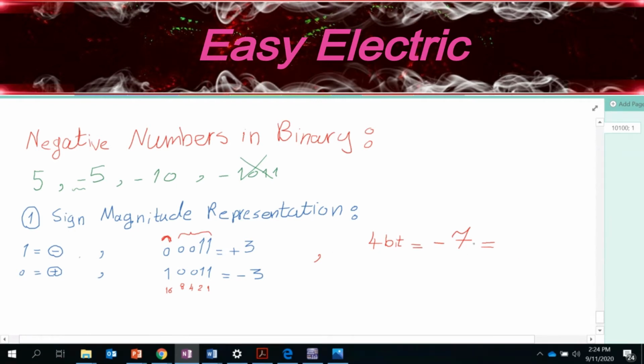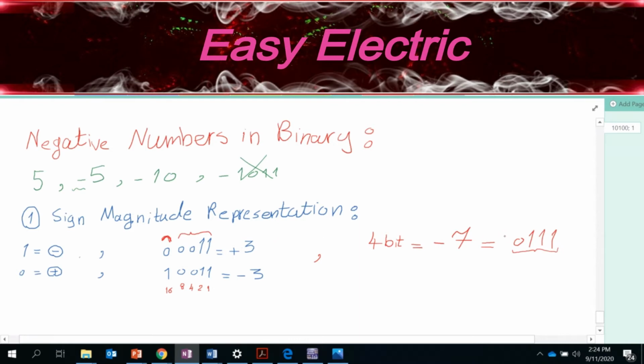One, one, one. Yeah, that's right. First you need to represent 7 with 4 bits. Forget about the sign. 0, 1, 1, 1 is 7. If you just say 3 digits, you are right, but because I mentioned 4 digits for the number, first you need to represent positive 7 with 4 digits, then add 1 bit on the left, which tells whether it is positive or negative.